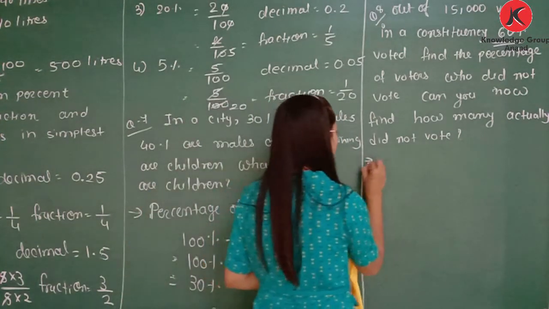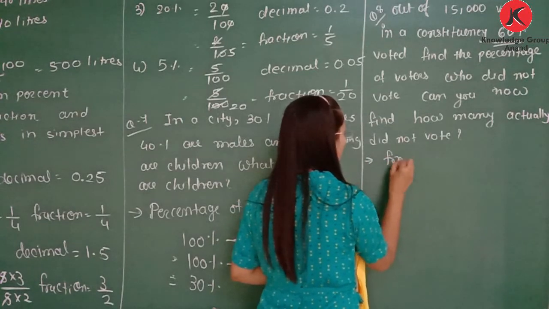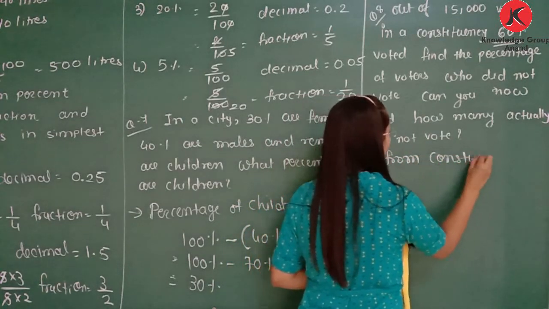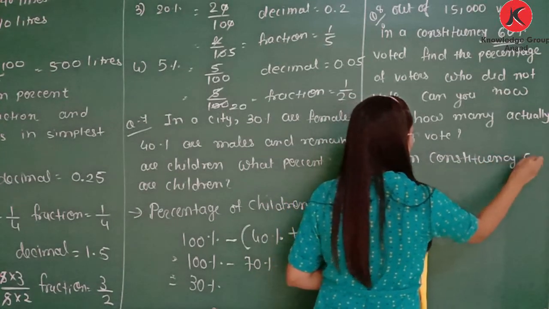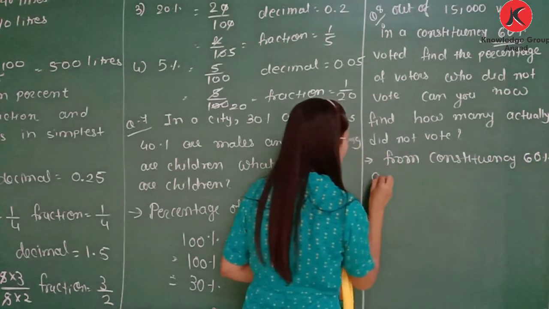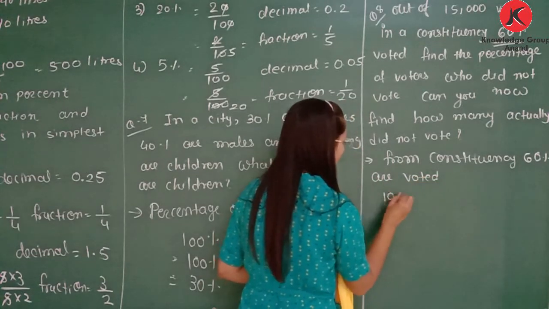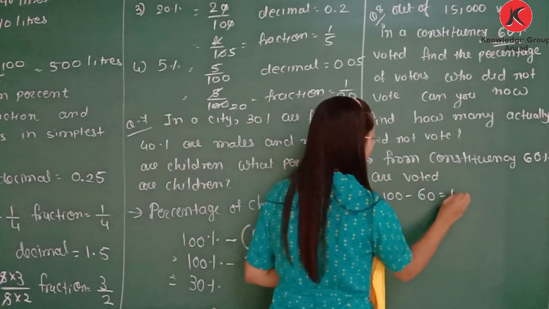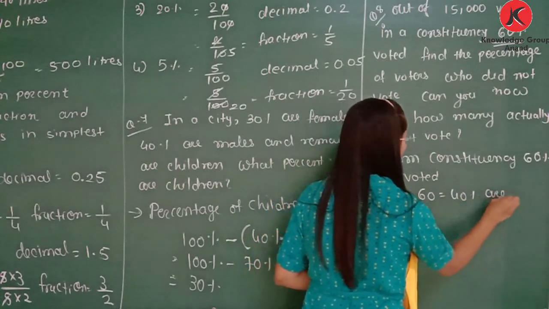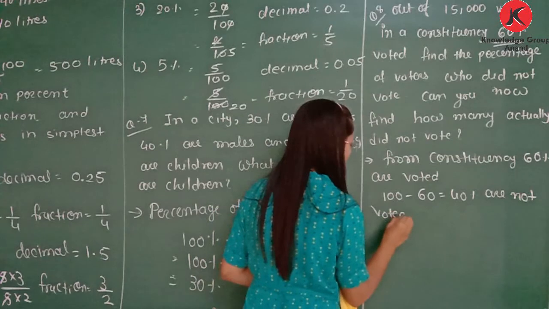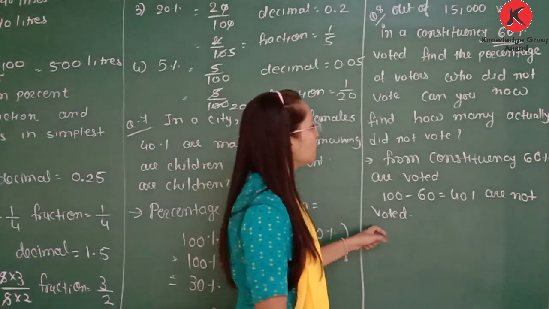So we can write, from the constituency, 60% voted. So 100 minus 60, that is 40% did not vote. So 40% did not vote.